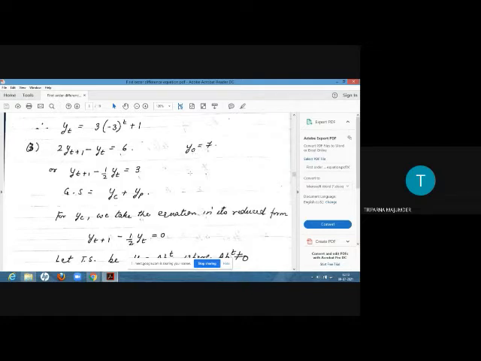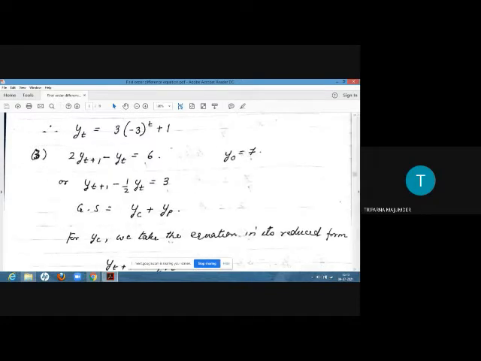Again, this is a first order linear non-homogeneous difference equation where the general solution consists of two parts, complementary function yc and particular integral yp.